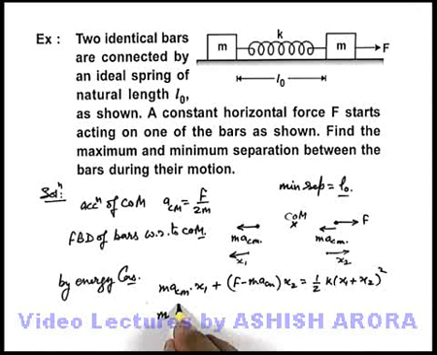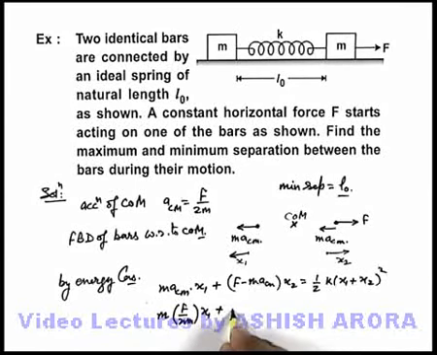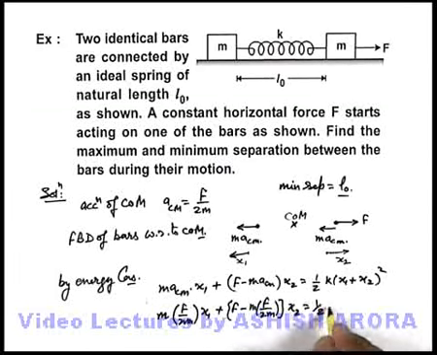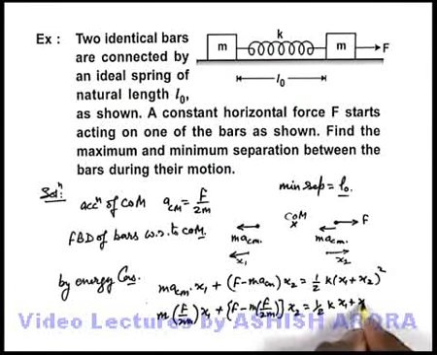It will give us m into F by 2m into x1 plus (F minus m into F by 2m) into x2 equals half K (x1 plus x2) whole square.